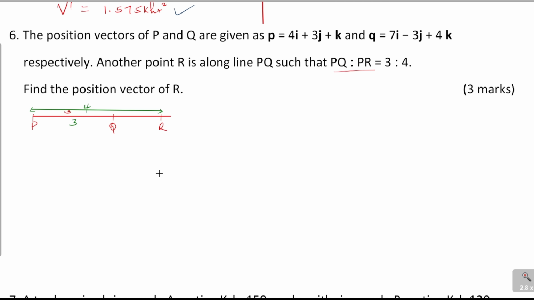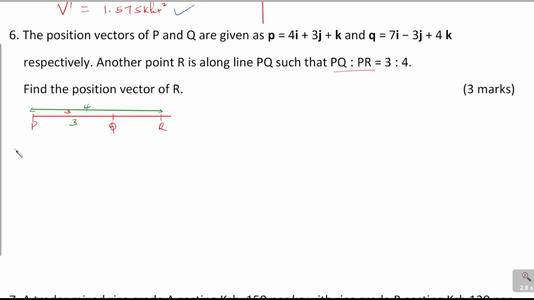So from the ratio, that is what you get. PQ to PR is 3. So R divides PQ externally, and now we need to get the ratio in which R divides PQ externally.